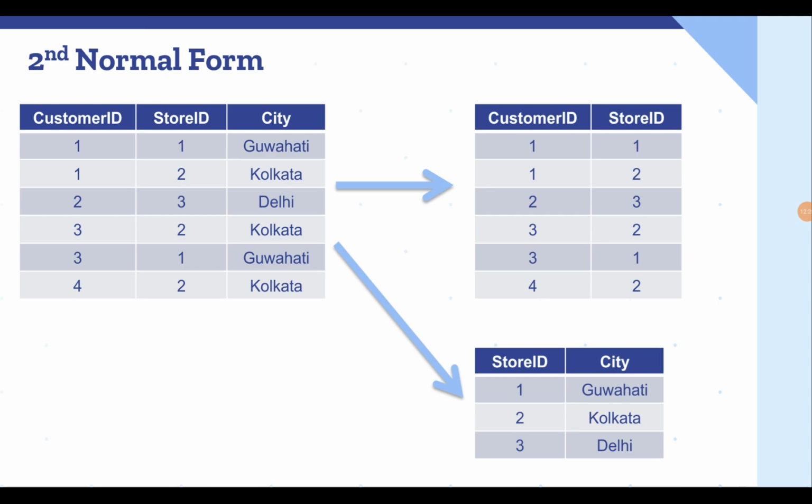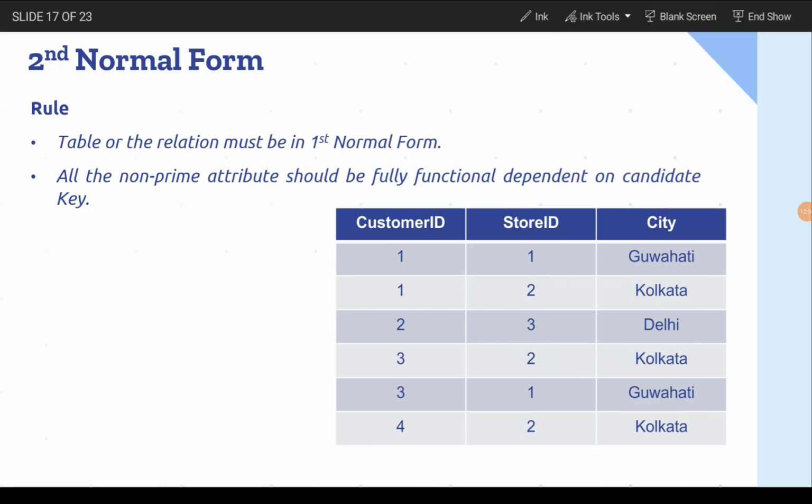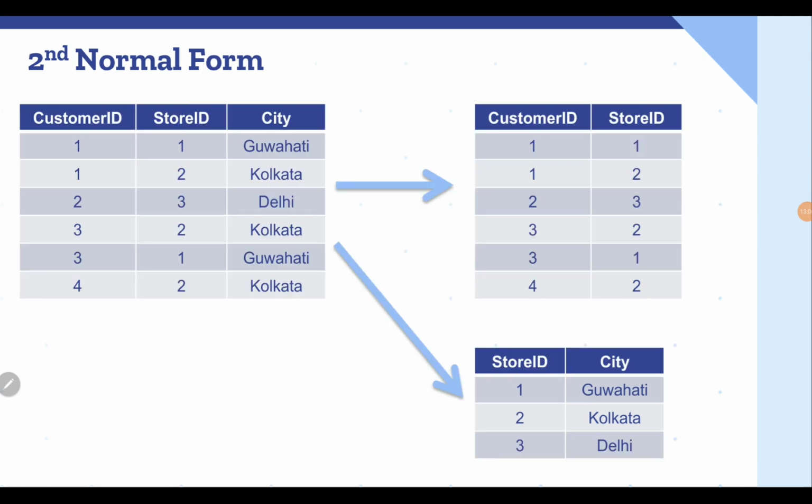Before that, let me draw the table directly over here. If we can divide the table in such a way that the relationship between prime and non-prime attributes is fully functionally dependent, then based on this logic, let's say we are making a new table. Here you see this is our actual table.